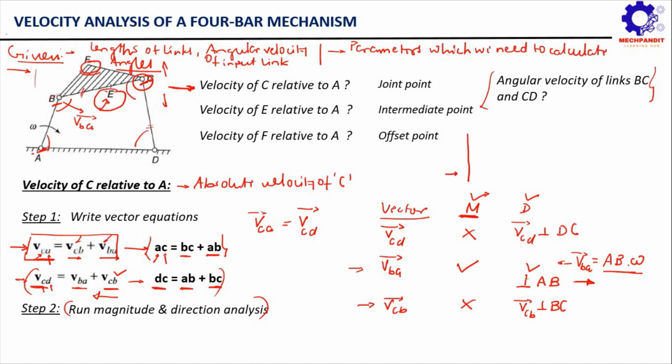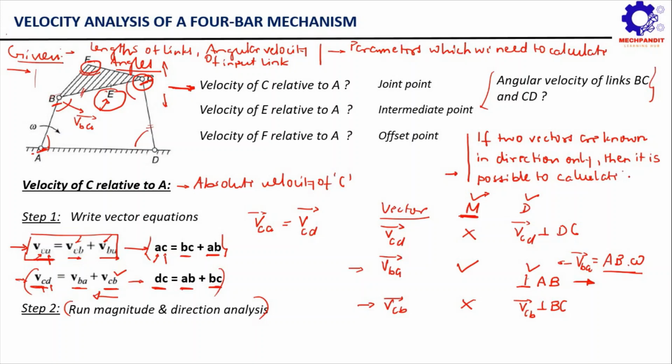If you observe your triangle law of addition very carefully, then you can conclude that if two vectors are known in direction only, then it is possible to calculate their magnitudes.